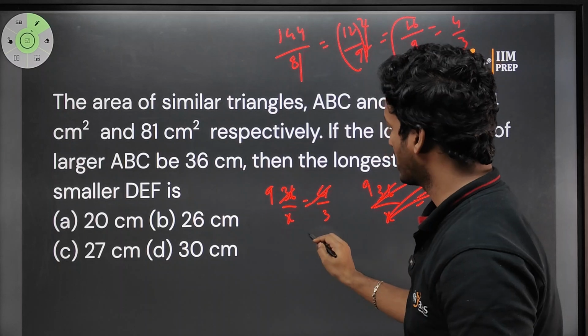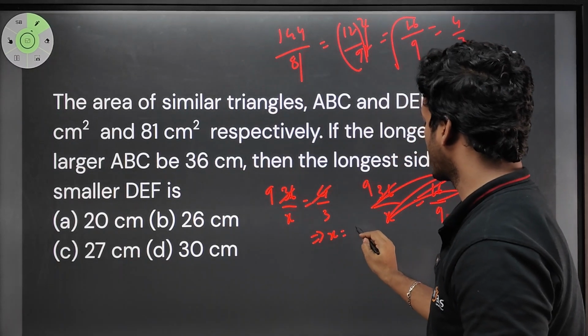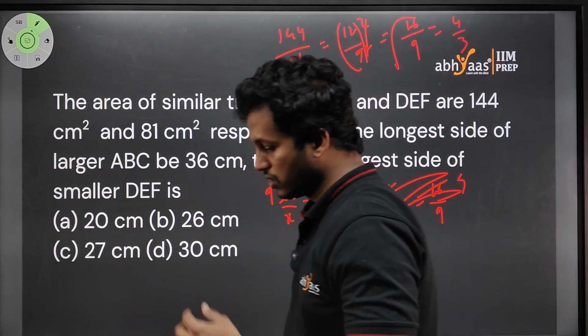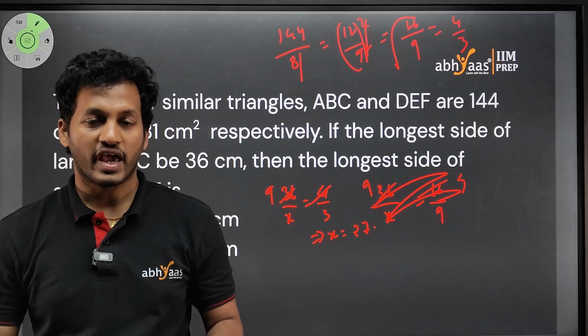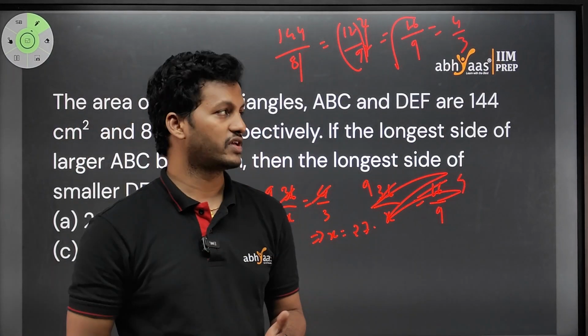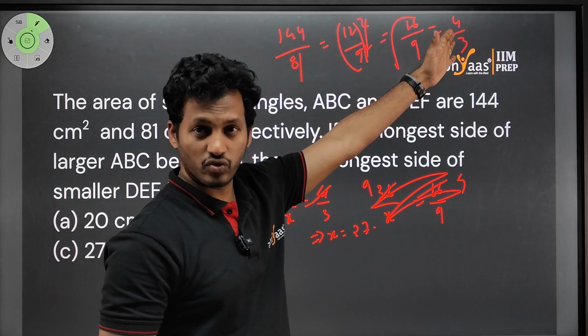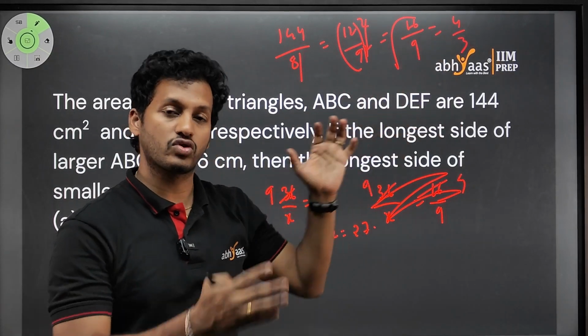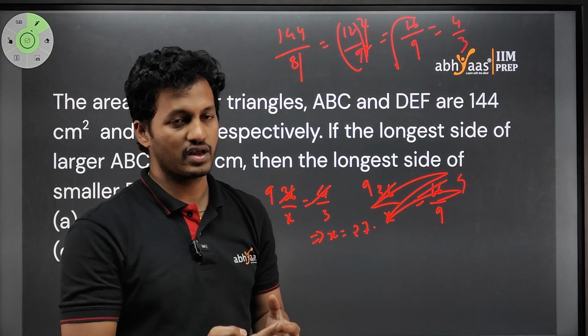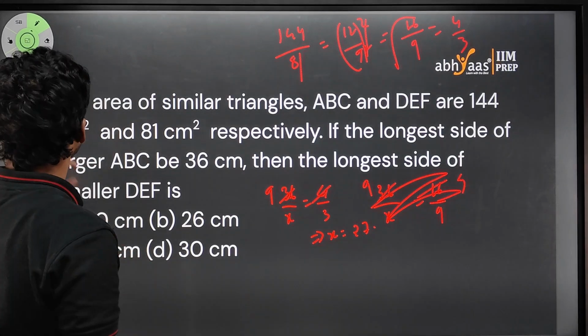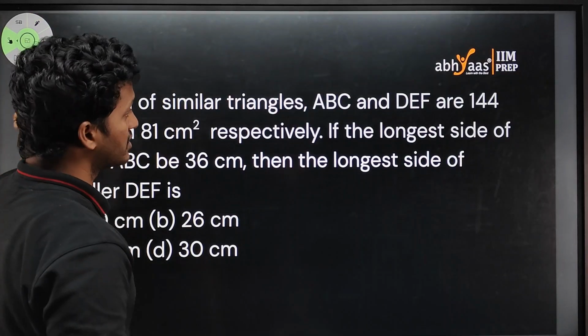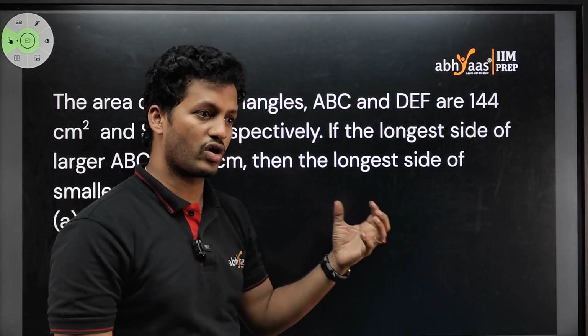So this is 9, and obviously x is equal to 27. So their sides are in the ratio of 4 is to 3. That's why they are similar. If not, they would be congruent.